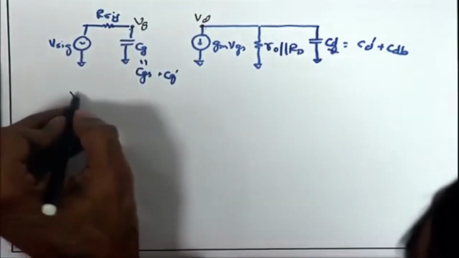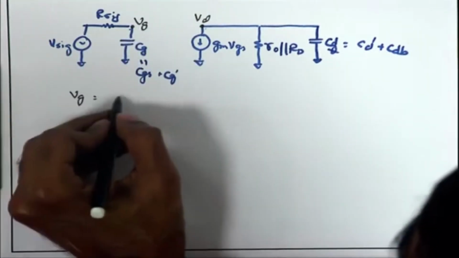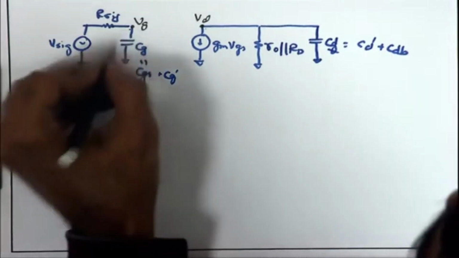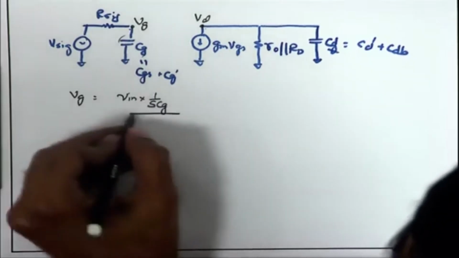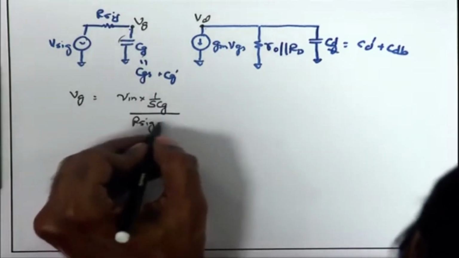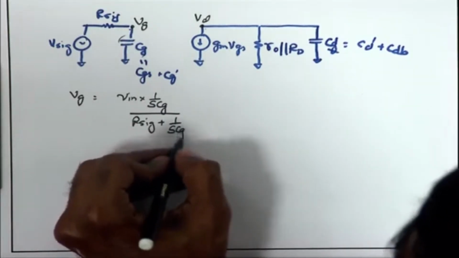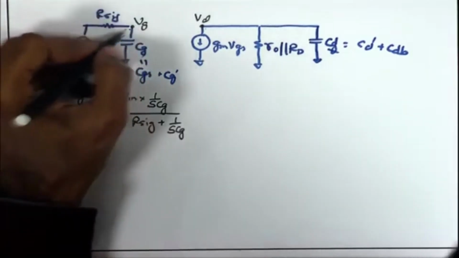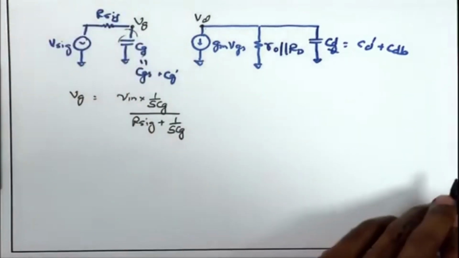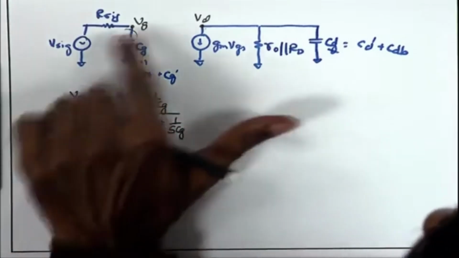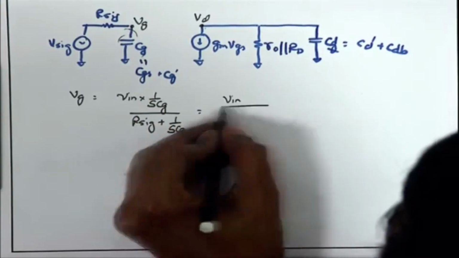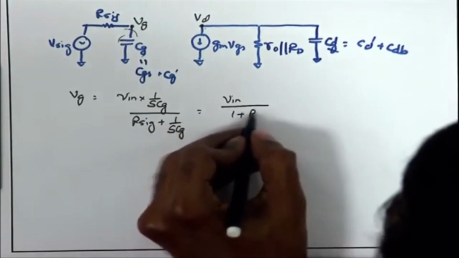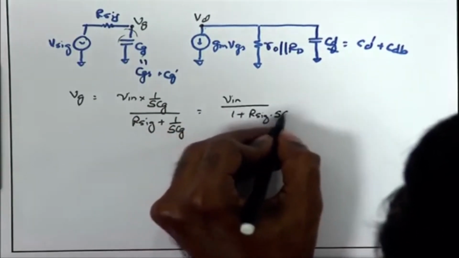I can just express Vg as V in times the impedance of this capacitance, that is 1 upon SCG, upon R signal plus 1 upon SCG. That is just voltage division. This is the impedance of the capacitor, the impedance of the resistor R signal, and this is the Vg as a function of V in. We have simplified further, V in upon 1 plus R signal times SCG.